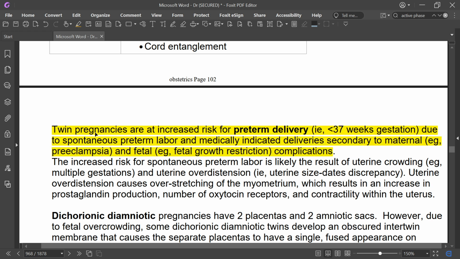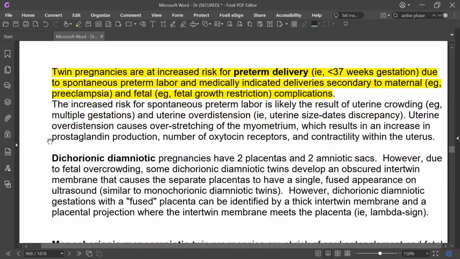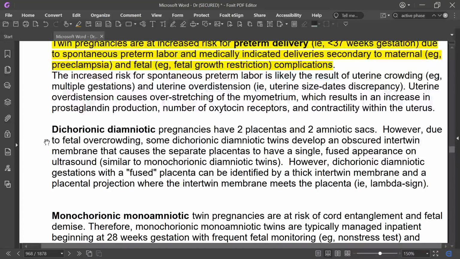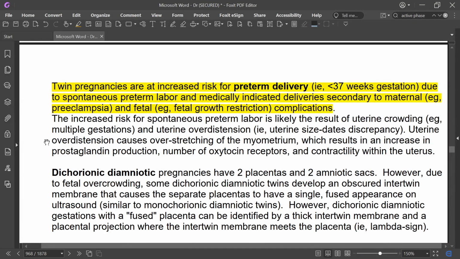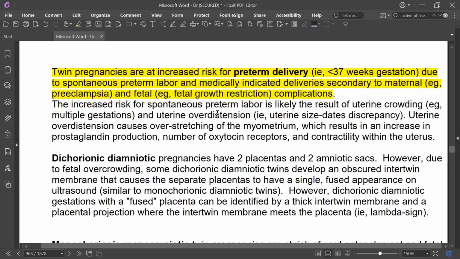The increased risk of spontaneous preterm labor is likely the result of uterine crowding, multiple gestation, and uterine overdistension, causing a uterine size and dates discrepancy.